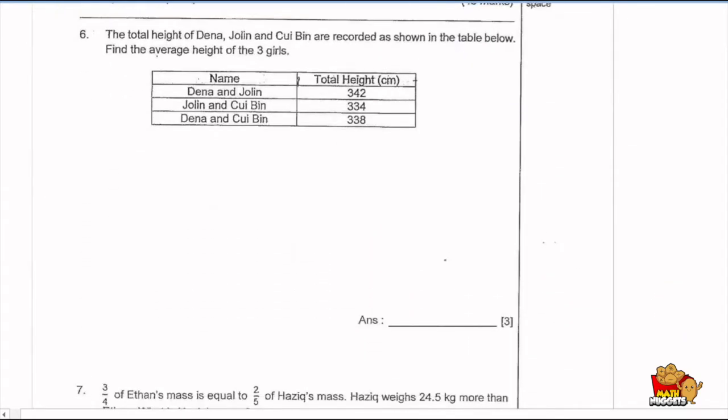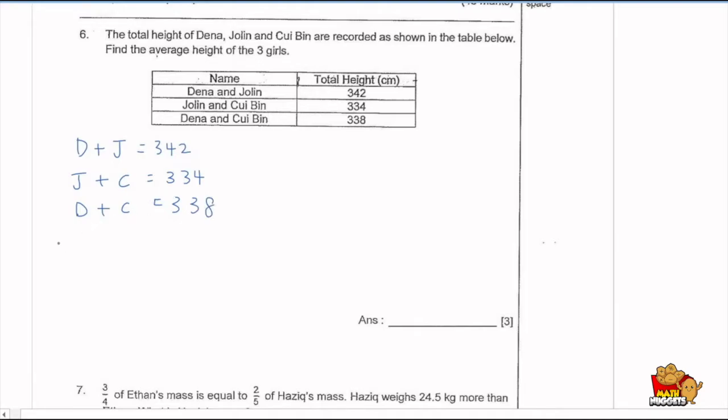Question 6. We want to find the average height of the 3 girls. Let me write down the information. We have D and J, 342. We have J and C, 334. We have D and C, 338.